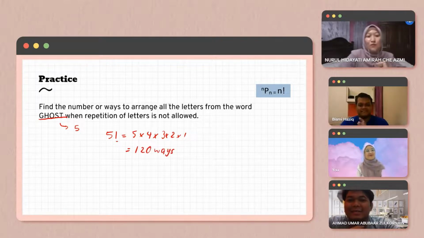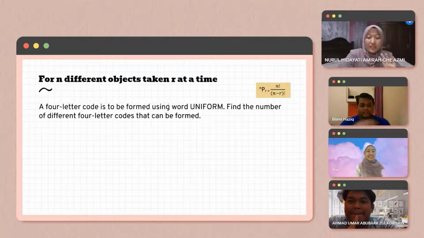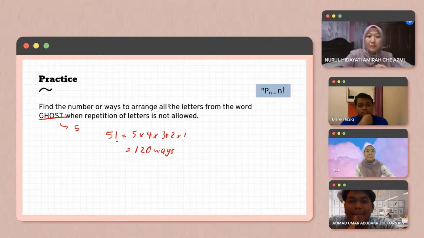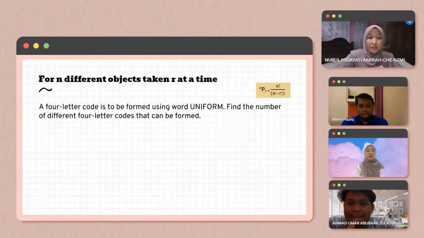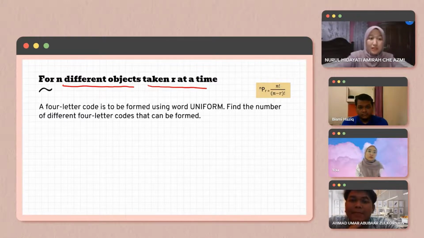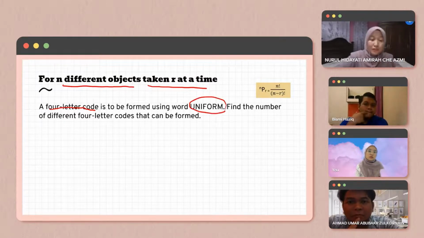Next, we move to the second condition. Just now we only found it for n different objects. Now we have r taken at a time. Let's see here: a 4-letter code is to be formed using the word UNIFORM. Find the number of different 4-letter codes that can be formed. Which one is r and which one is n? The word is UNIFORM.